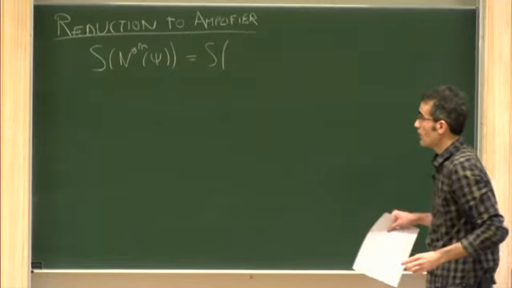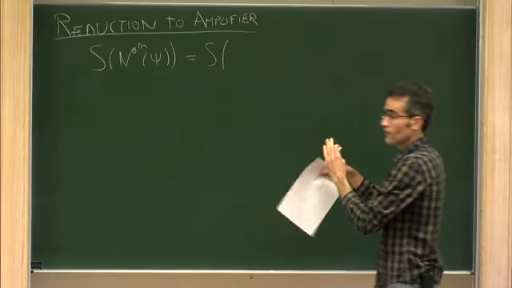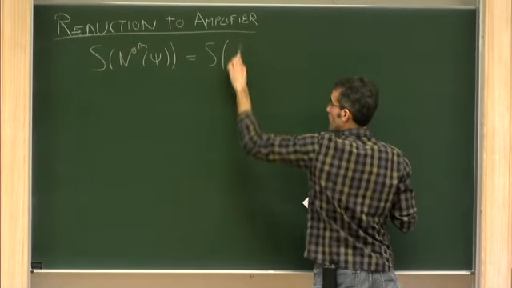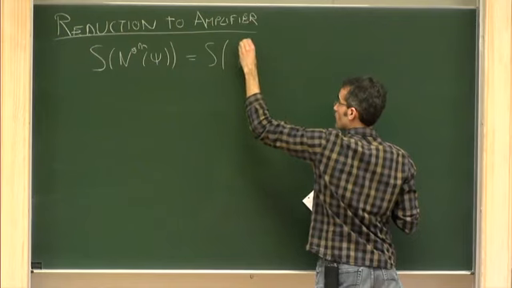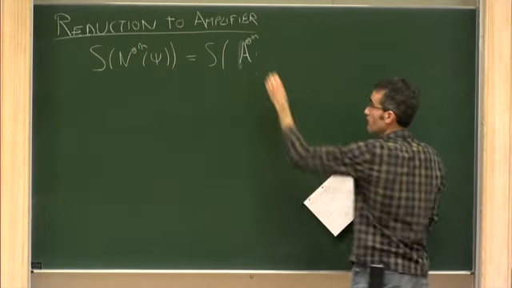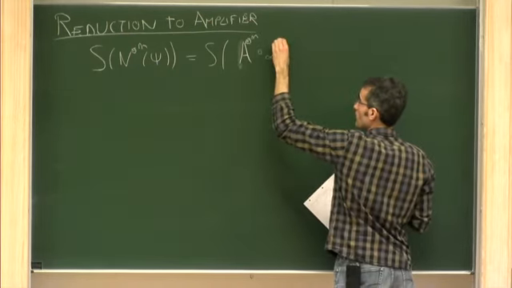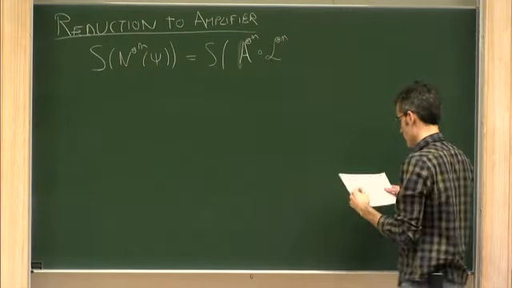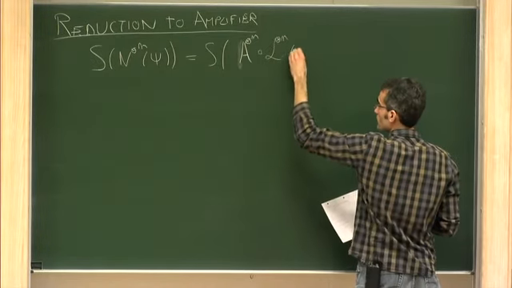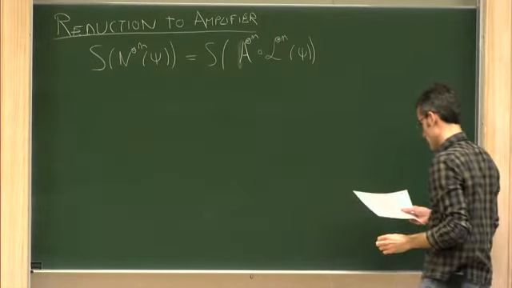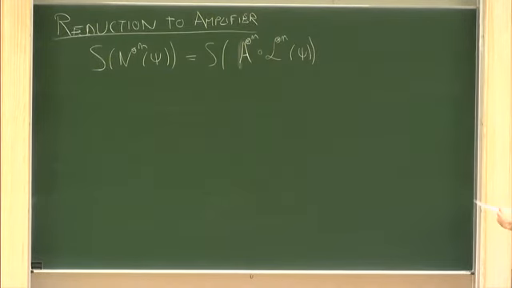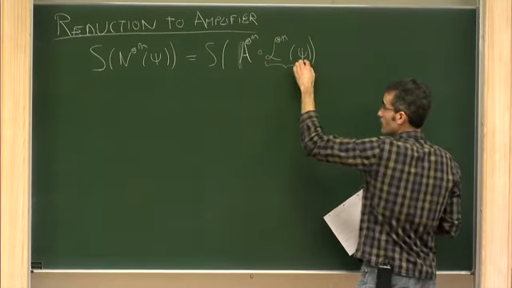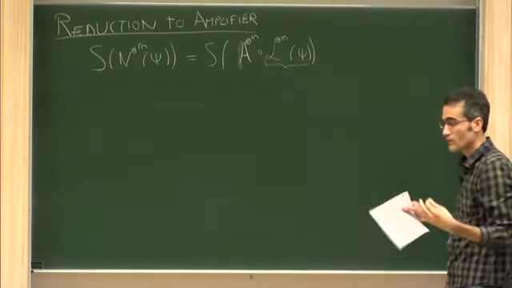As I say, every channel can be decomposed into an amplifier and a lossy channel. So I will have n copies of amplifier preceded by n copies of a pure loss channel. Okay. I mean, this is a pure state, and I'm applying some CP map to it.